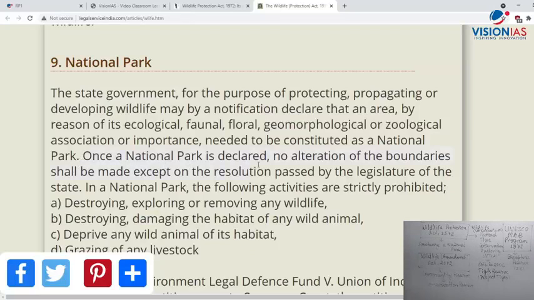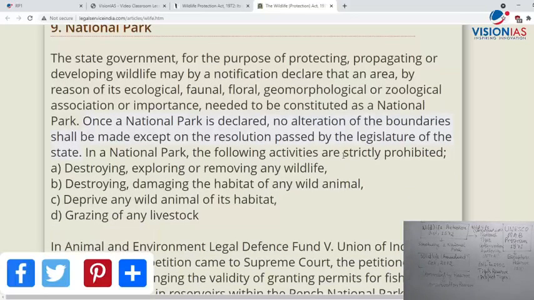Once a national park is declared, no alteration of the boundaries shall be made except by law. Law passed by the state. Why law passed by the state? Then only the boundary can be changed, because land is the subject of state government, right? And all these are strictly prohibited.